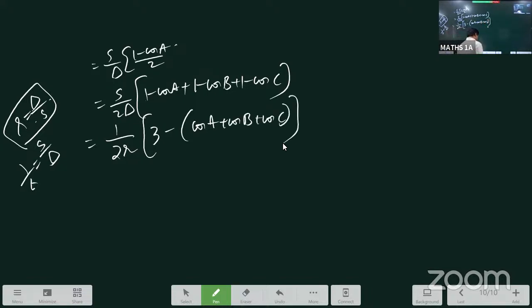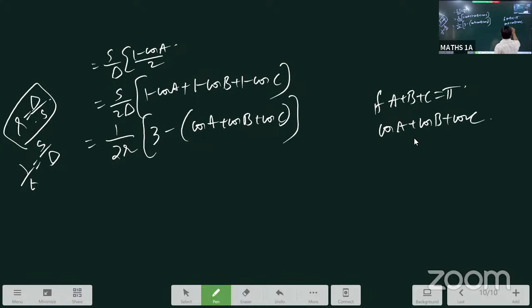Now, the most important result you are going to use, according to transformations: if A plus B plus C equals pi, 180 degrees, then cos A plus cos B plus cos C equals 1 plus 4 sin A/2 sin B/2 sin C/2. Please remember this result. Is it clear?